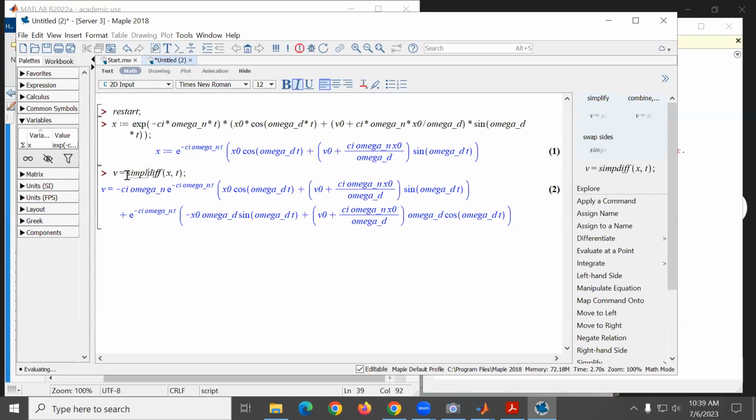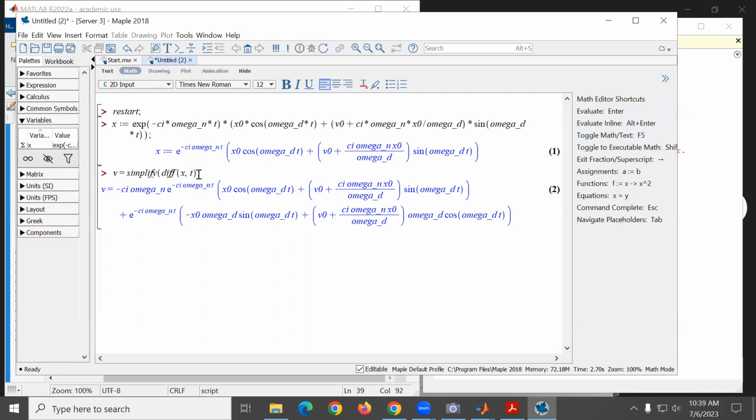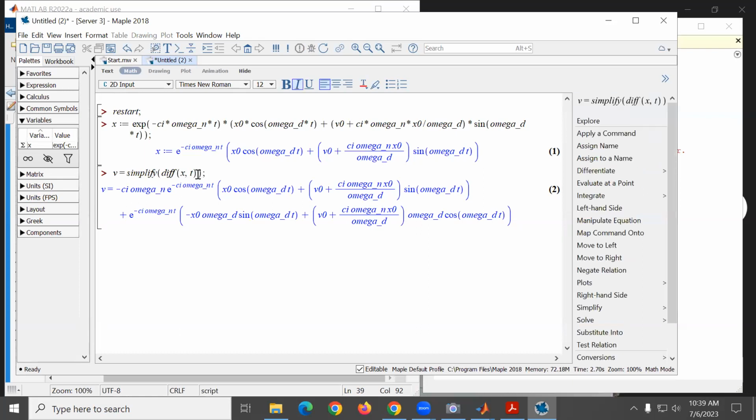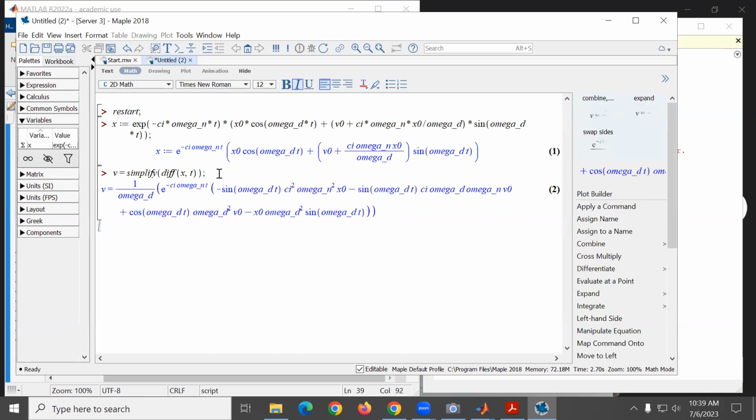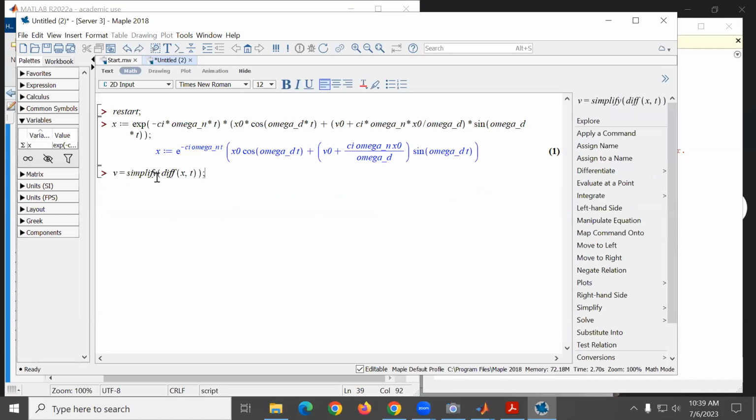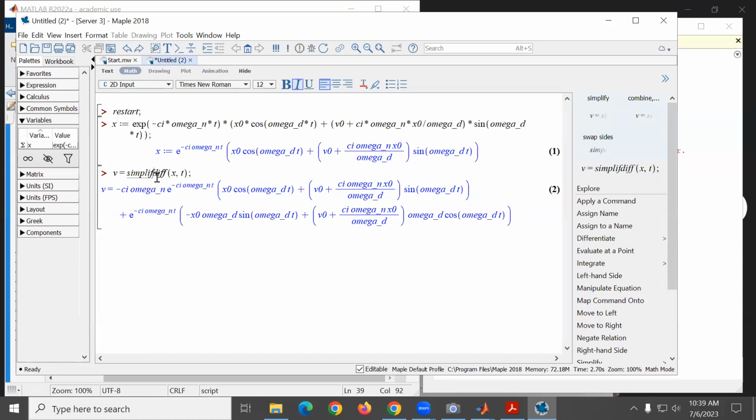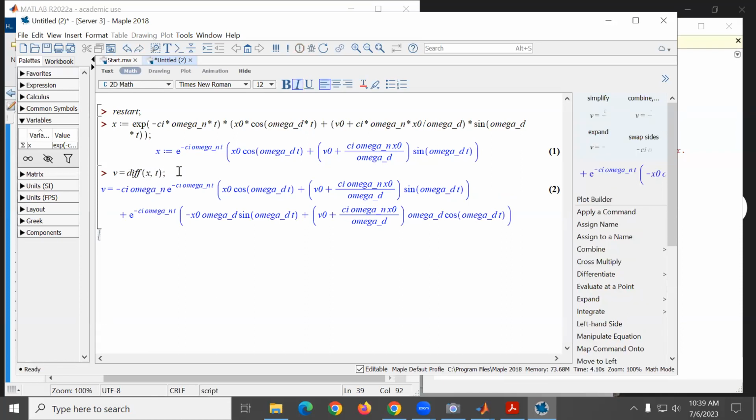If you want, you could probably do this. I don't know how much it's going to simplify, but it doesn't matter because it's just a matter of copy paste. Let me remove the simplify. Too much is happening. And that way, term by term.